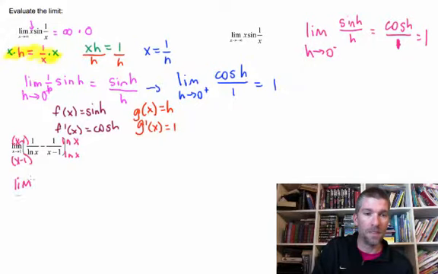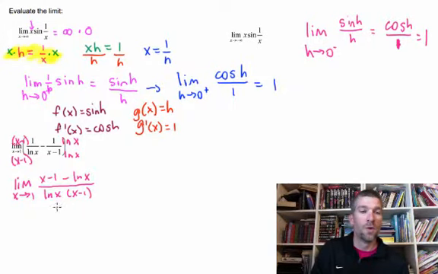We get the limit as x approaches 1 of x minus 1 minus the natural log of x on the top, and on the bottom the natural log of x times x minus 1. This is a lot easier to work with now because I've got a function on the top and a function on the bottom, the derivatives of which shouldn't all be 0 because we've got some natural logs running around.